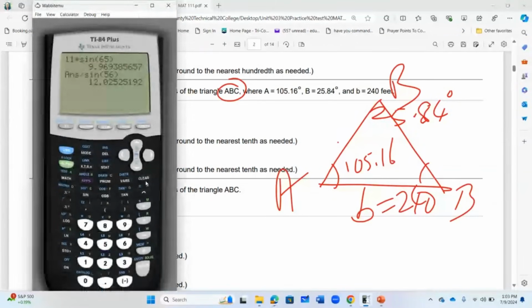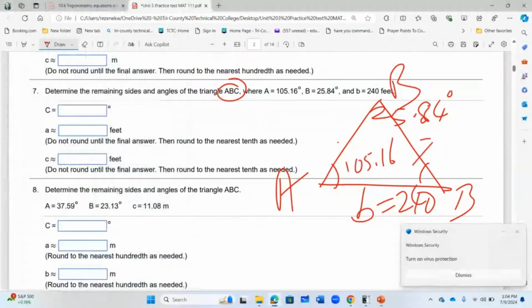I will just subtract 180 degrees minus 105.16 and minus again 25.84, and whatever remains is the measure of the angle. So the measure of the angle is 49.